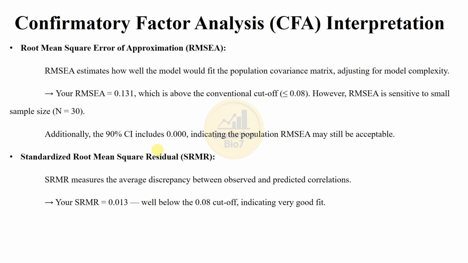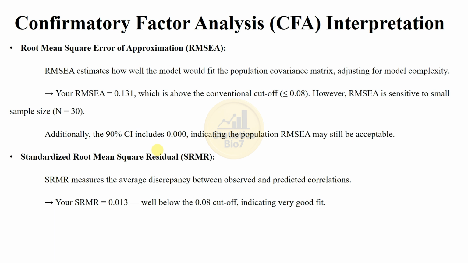The next one is the root mean square error of approximation, RMSEA. RMSEA estimates how well the model would fit the population's covariance matrix, adjusting for model complexity. Your RMSEA is equal to 0.131, which is above the conventional cutoff of less than 0.08.